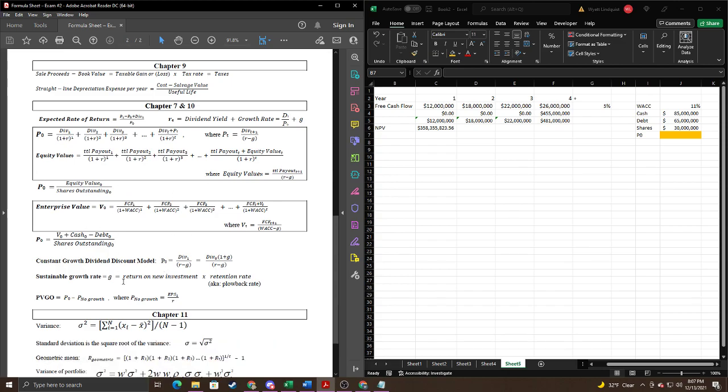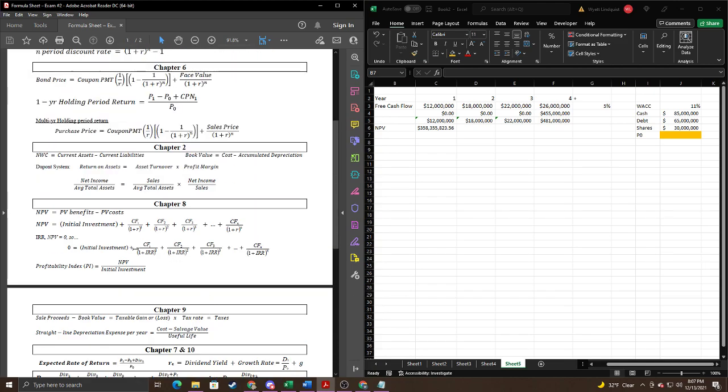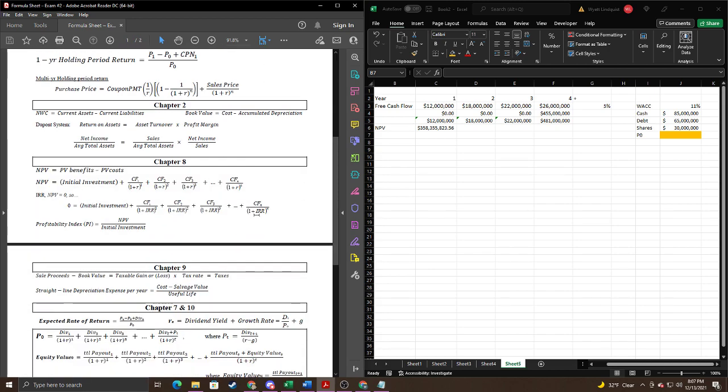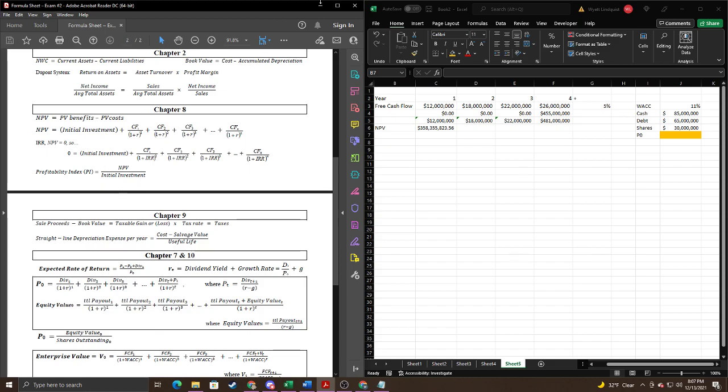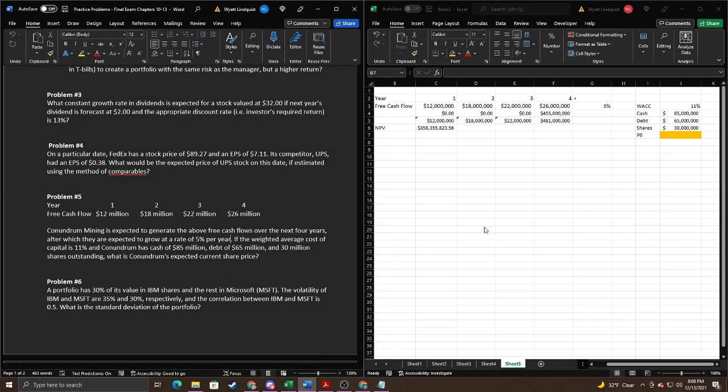I can't seem to find it right now, but the equation is essentially that the enterprise value is equal to the net present value of the future cash flows, and we also need to add back the cash. So we're going to do plus cash.